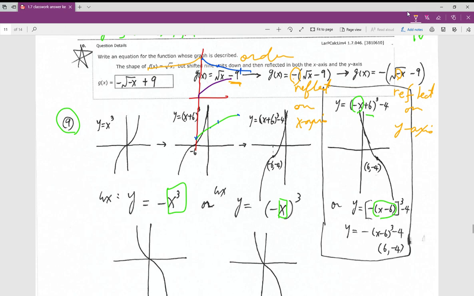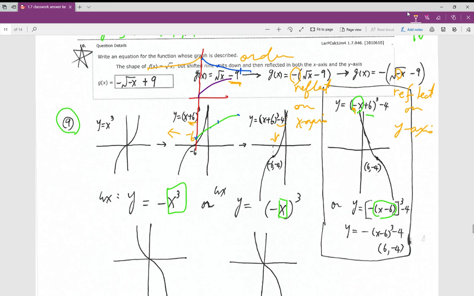Now number 9, you shift negative 6, so left, and push down 4 steps. Okay. And then when you have a negative sign on the x, it means you reflect according to the y-axis.